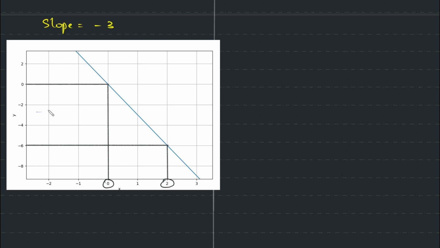The difference over here is minus 6 minus 0, that is minus 6. And the difference over here is 2 minus 0, that is 2. So slope is rise minus 6 by run 2, which is minus 3. The slope of this particular graph is minus 3 because every unit I go to the right, there's a drop of 3 units.